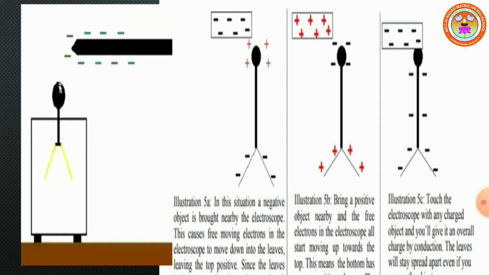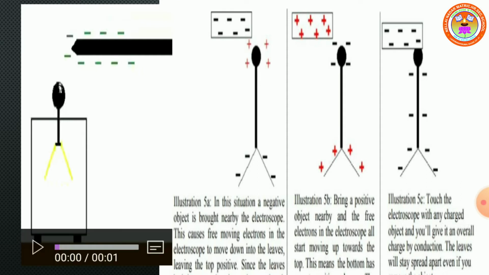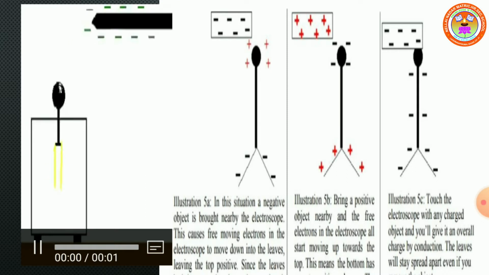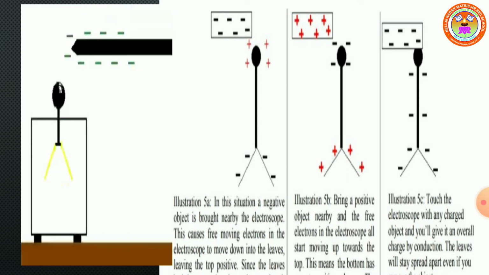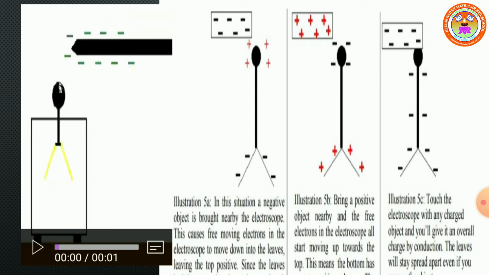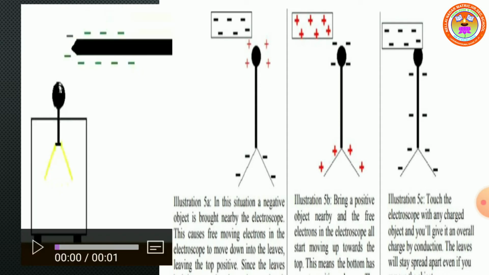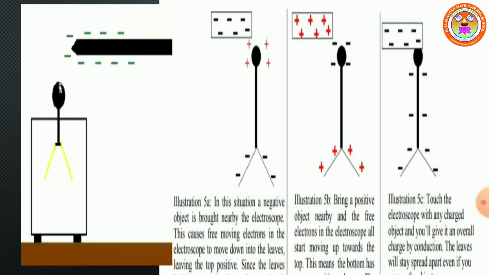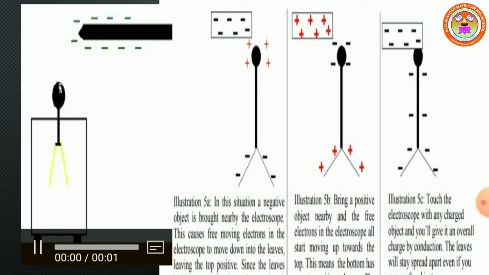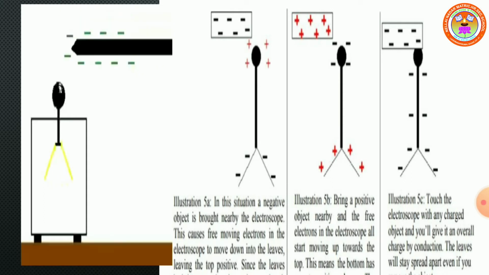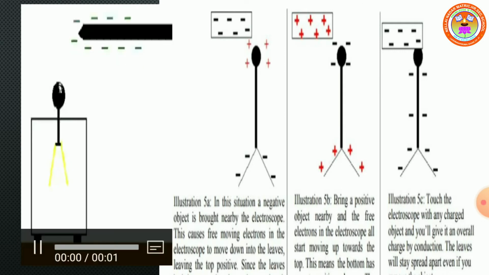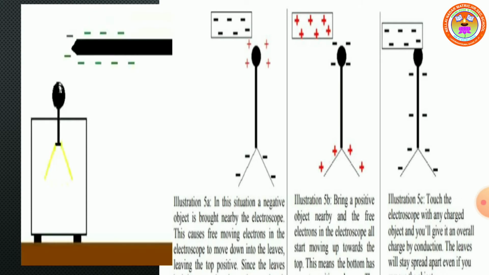If you bring a charged object near the knob, electrons will either move out of it or into it. This will result in charges accumulating on the metal leaves inside the electroscope.